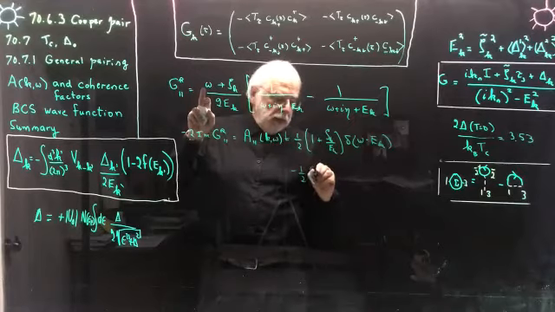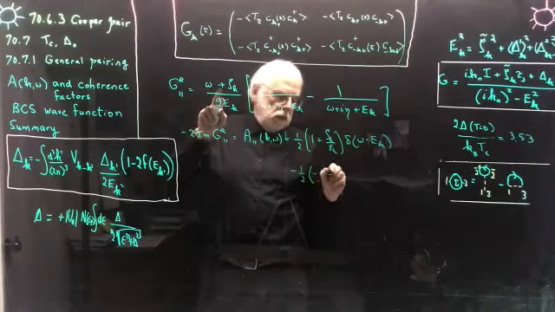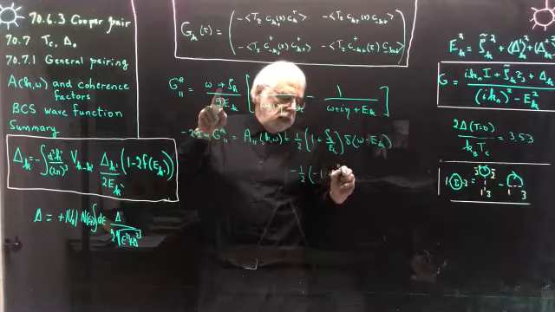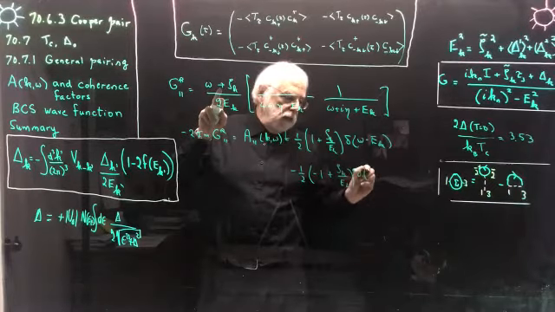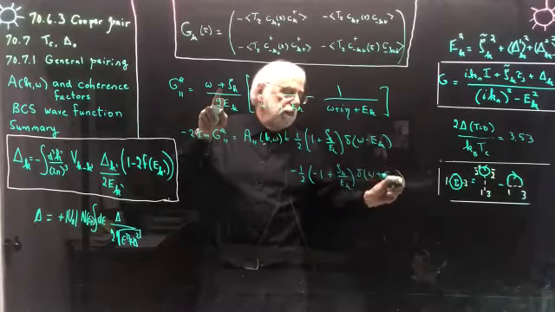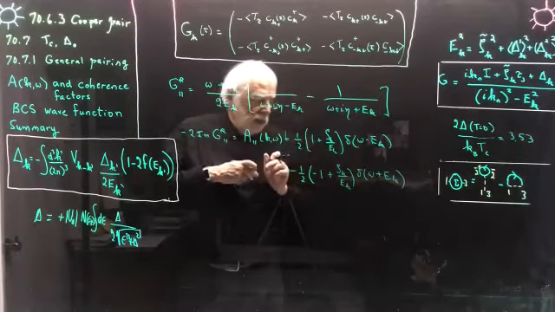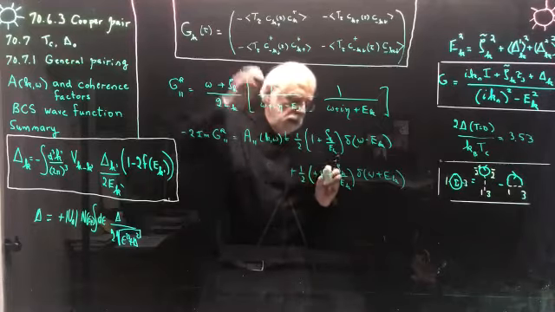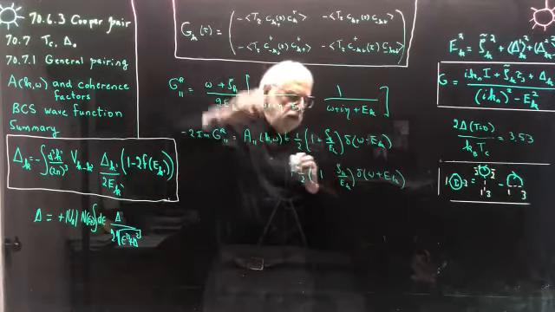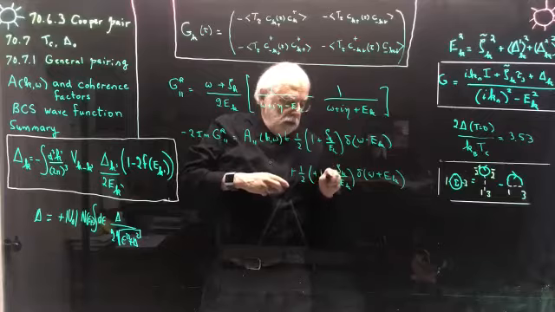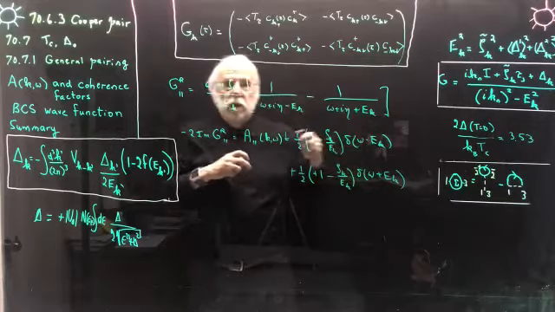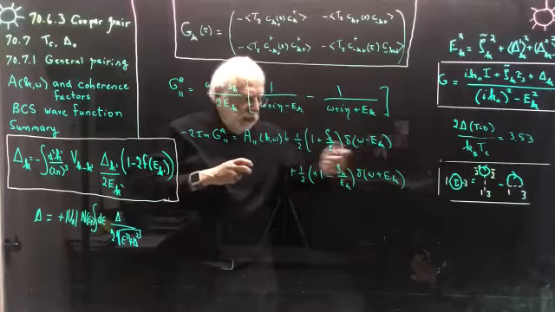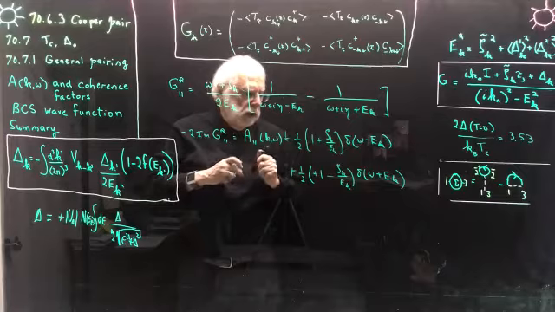So it will be minus 1 plus zeta k over Ek, delta of omega plus Ek. So I would put plus and minus. So you see there are 2 poles, one at positive energy, the other one at negative energy.